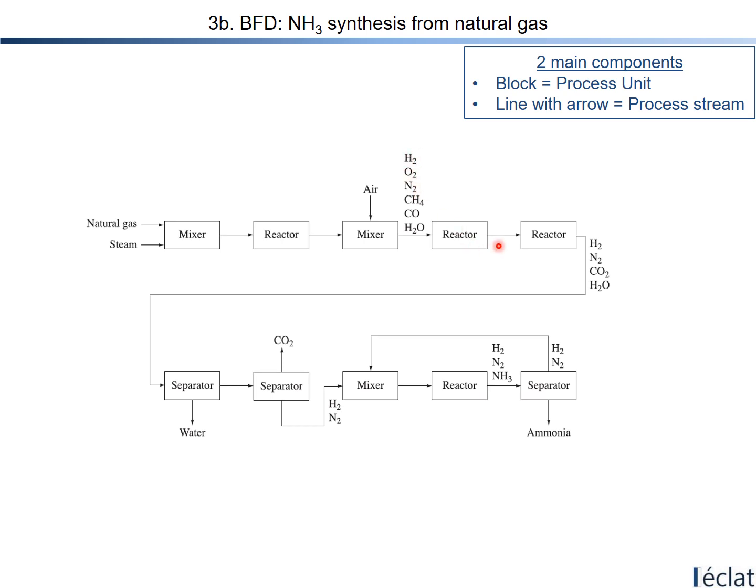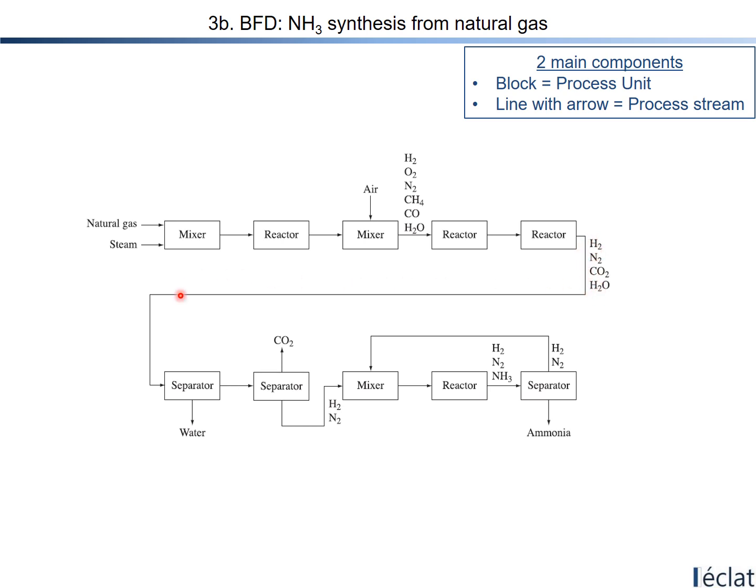Then more reaction. Finally, all of the hydrogen in the hydrocarbons is changed into hydrogen. So right now hydrogen and nitrogen, nothing changed. CO, carbon monoxide, is completely oxidized into carbon dioxide and water. So we have H2 and N2 right now.